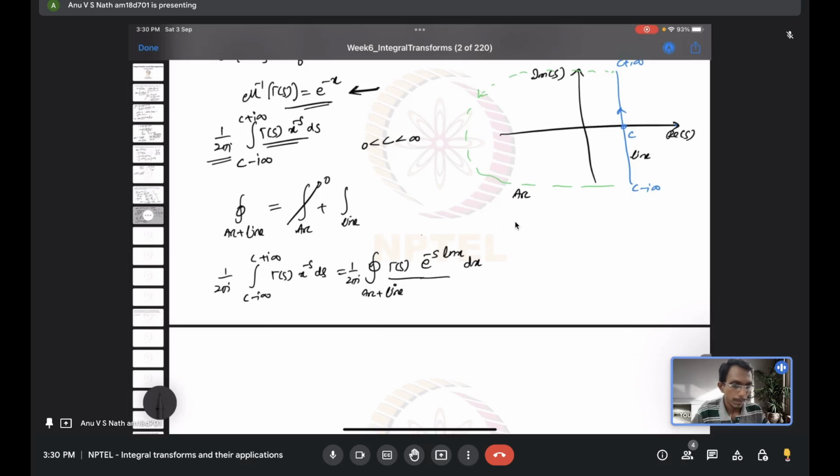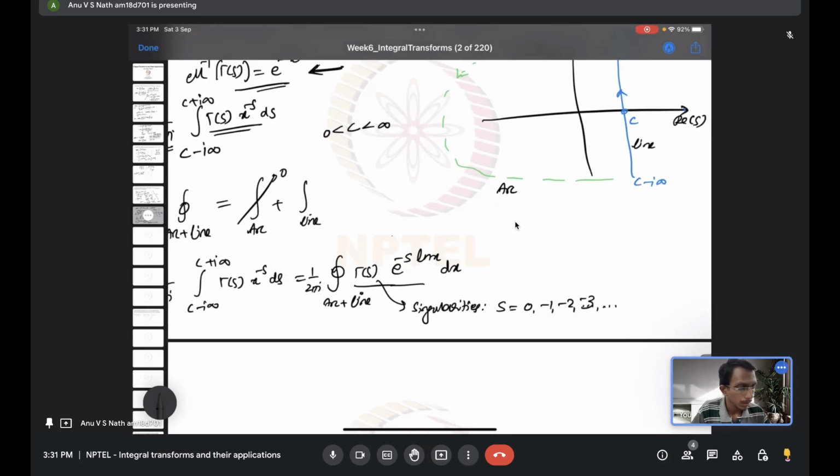But the gamma function has singularities at s equal to 0, minus 1, minus 2, and so on. Every negative integer has a singularity. So we have singularities at s equal to 0, minus 1, minus 2, minus 3, like that.